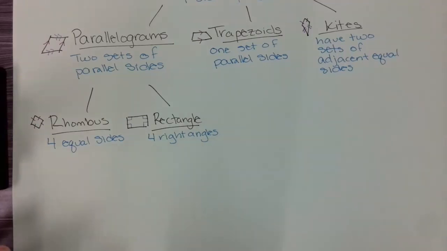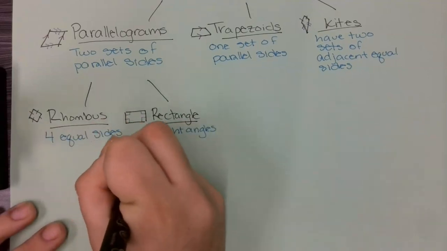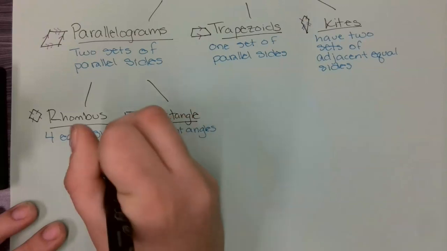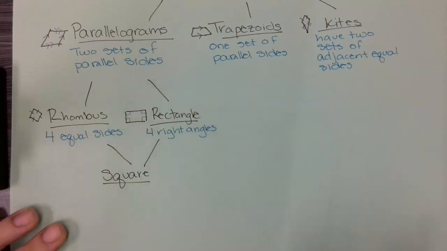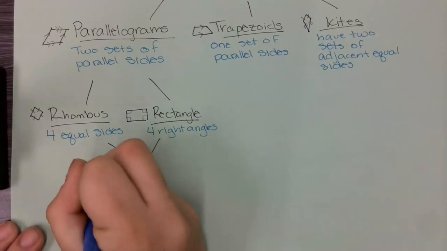Do you guys know what it is? Square. So squares, they have 4 right angles and 4 equal sides.